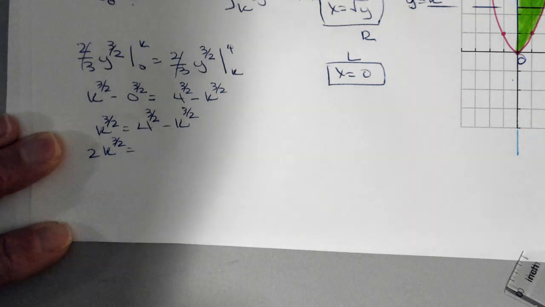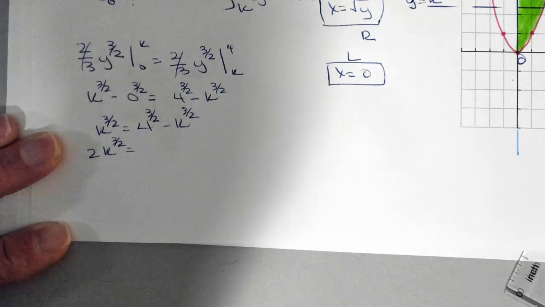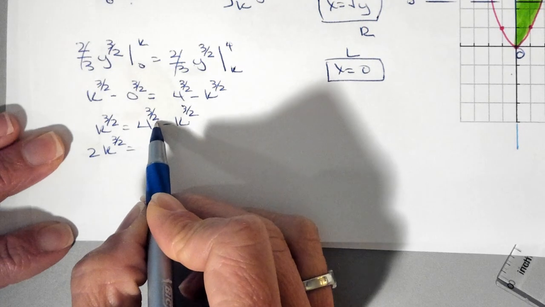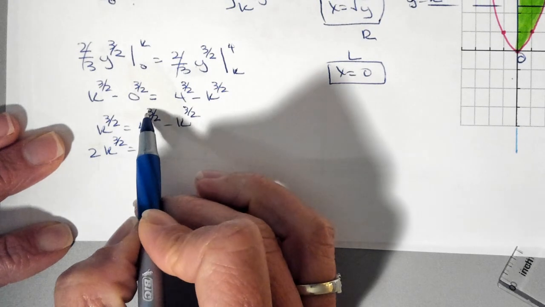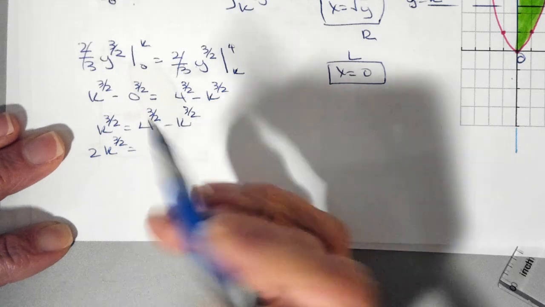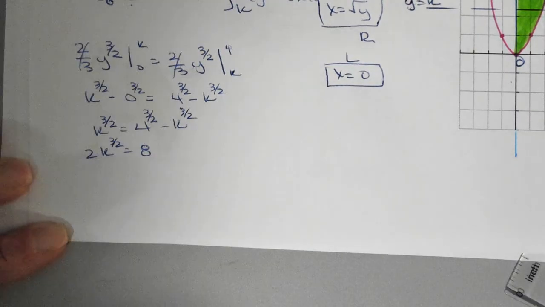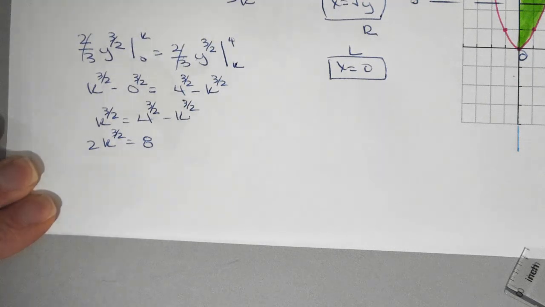So you could do it one of two ways, right? You could take 4 to the 3rd power, which is 64, and take the square root, or you can take the square root of 4 and cube it. Does it matter? Aren't they both 8? The square root of 4 is 2. 2 cubed is 8. 4 cubed is 64. What's the square root of 64? Okay, so they're both 8. Doesn't matter. Sometimes it's just easier to do one over the other.